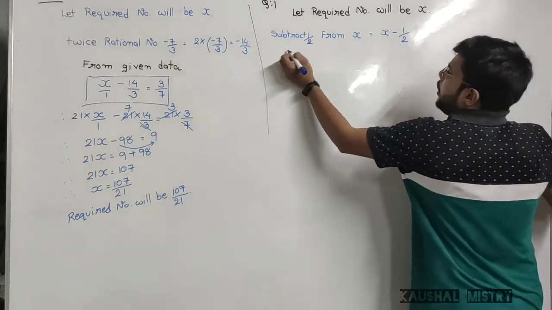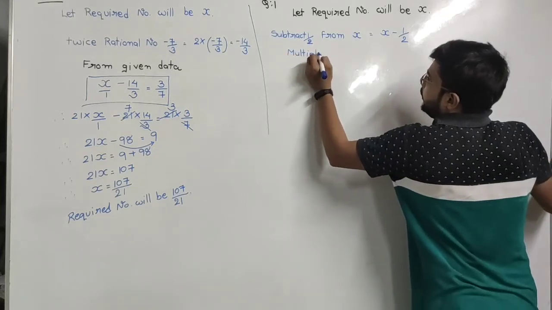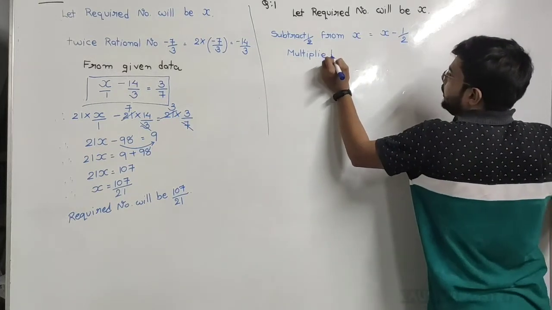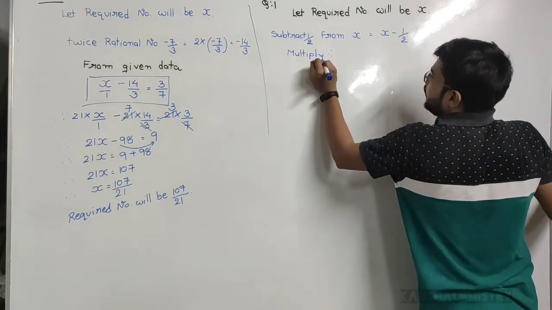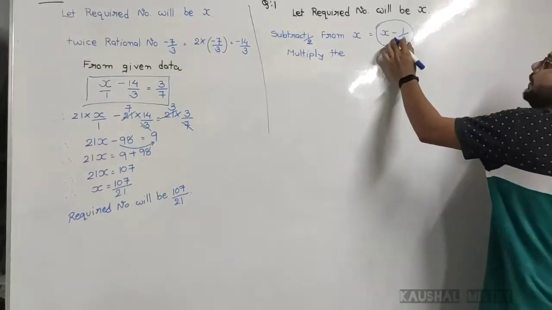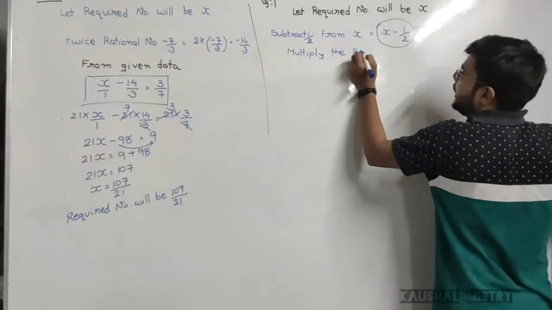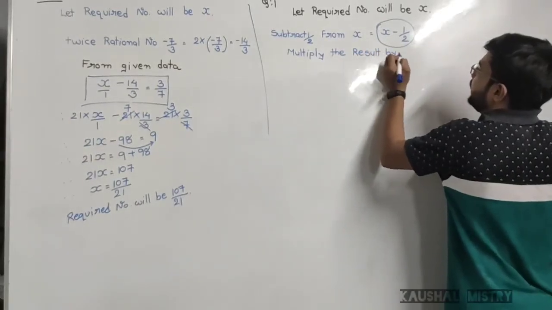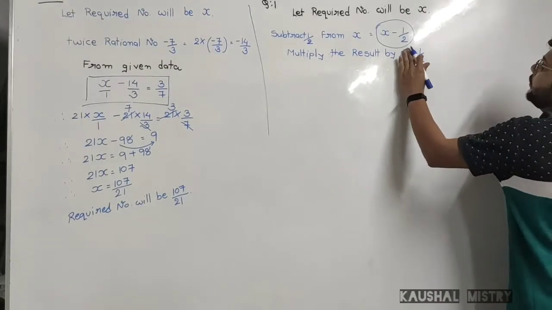Now multiply the result by 1 by 2. That means we have to multiply x minus 1 by 2 by 1 by 2.